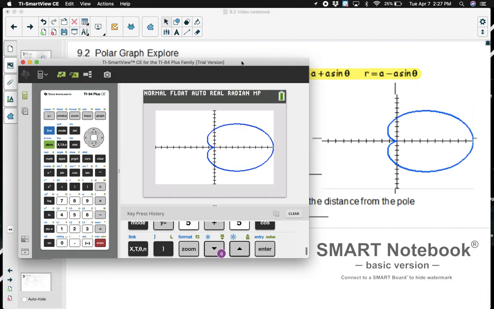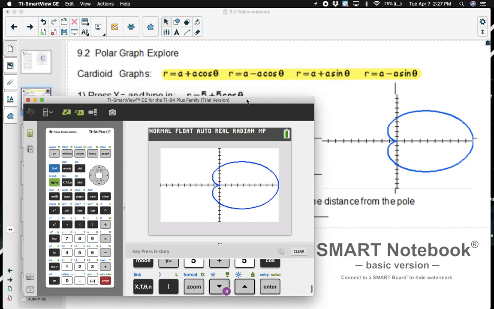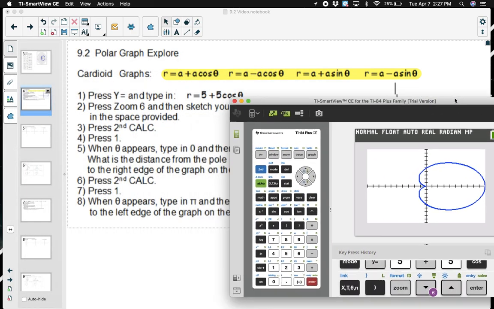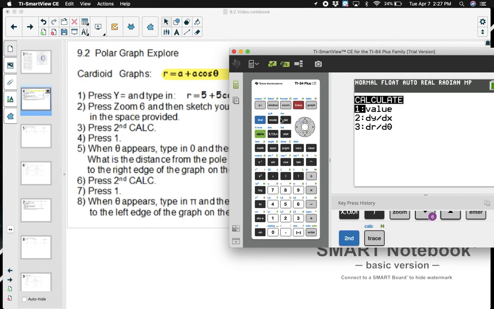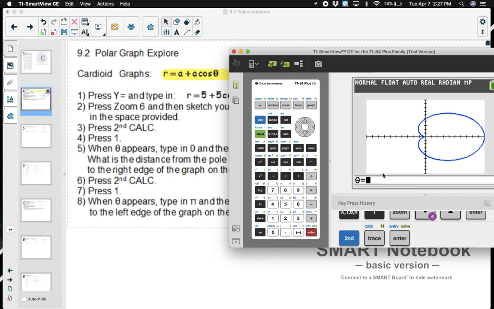Okay. So now we can still do stuff with our calculator, which is kind of nice. Just like before, when we want to find the intersection or find the value of points, we can still do that. Here, let's go to second calc, or second trace, which is calc, and I can find the specific value at some point. So when we did this before, you plug in an x value, you get out a y. Here we're going to plug in theta, and we're going to find our r value.